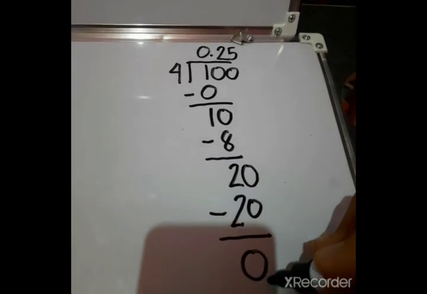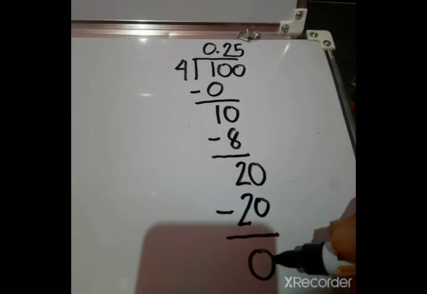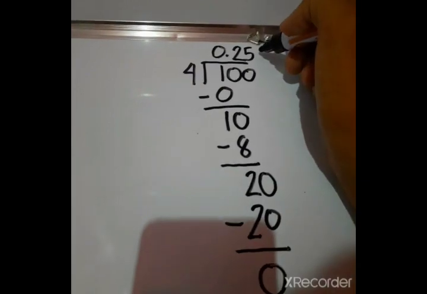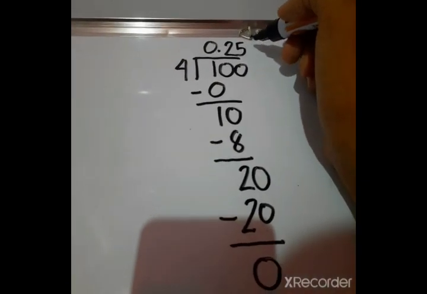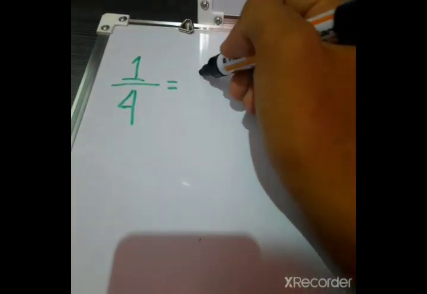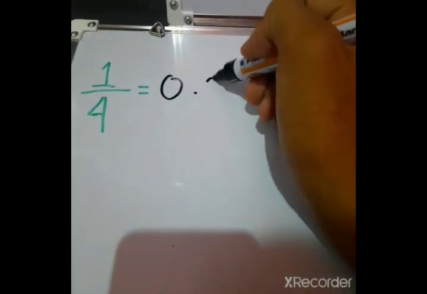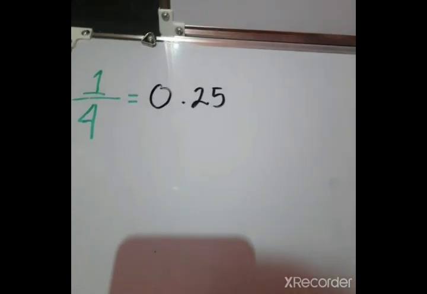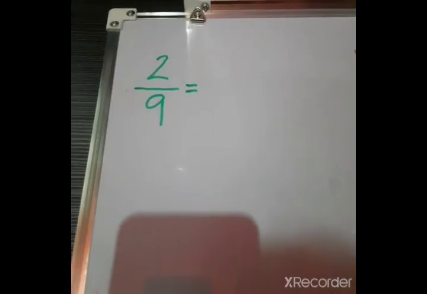Since the remainder now is already 0, we have now the quotient 0.25. Therefore, 1/4 is equal to 0.25. So let's have another one.